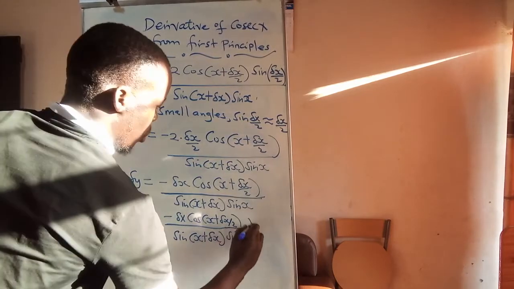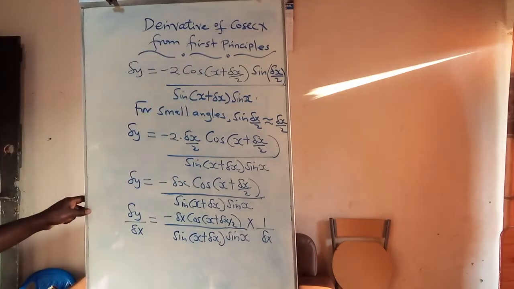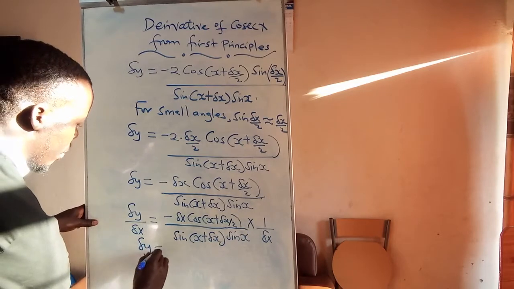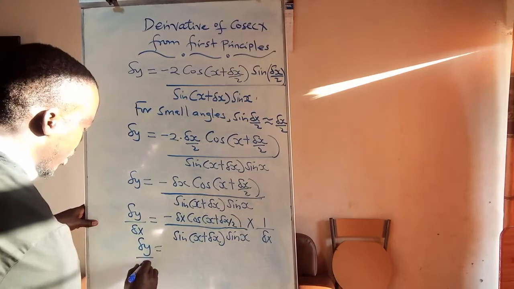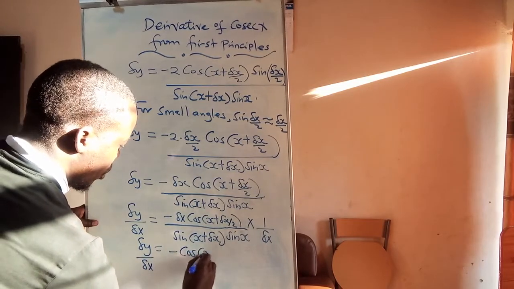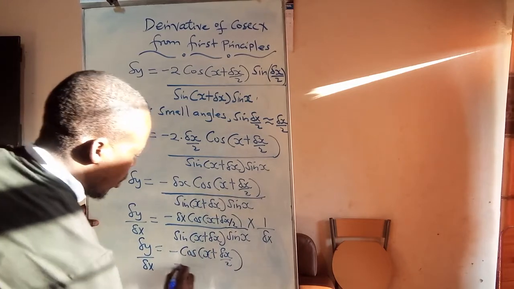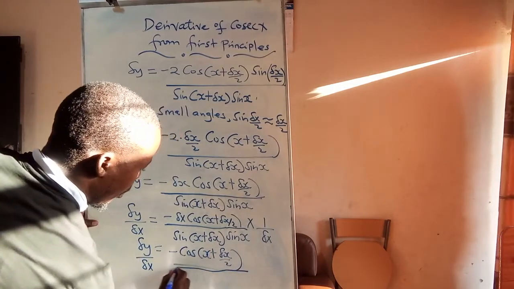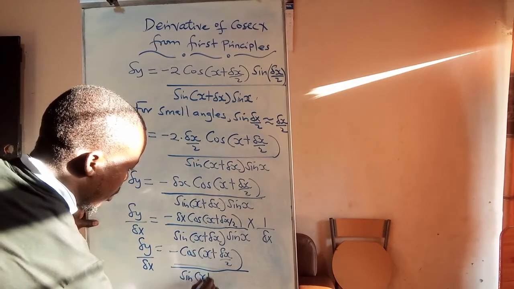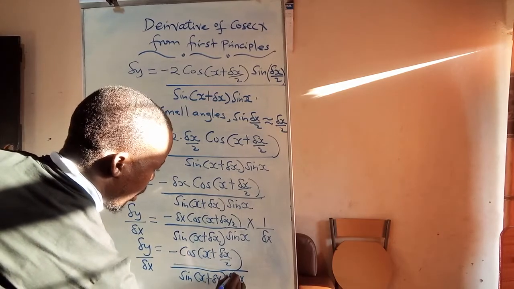So we shall now also divide this side by delta x, and that is as good as multiplying by the reciprocal. Delta x can now cancel, and you can realize that we have delta y over delta x as negative cos of x plus delta x over 2, all this divided by sine of x plus delta x, then sine x.